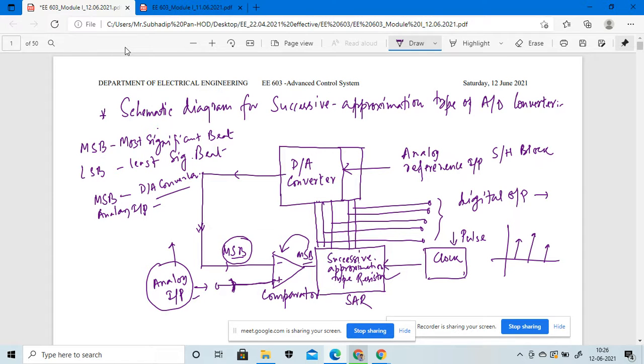So in such a process, there may be n number of bits employed in this particular conversion process. We are considering only the single analog input, so there must be n number of inputs. The n number of bits means the n number of paths, and the n number of bits employed determines the accuracy of the conversion process.